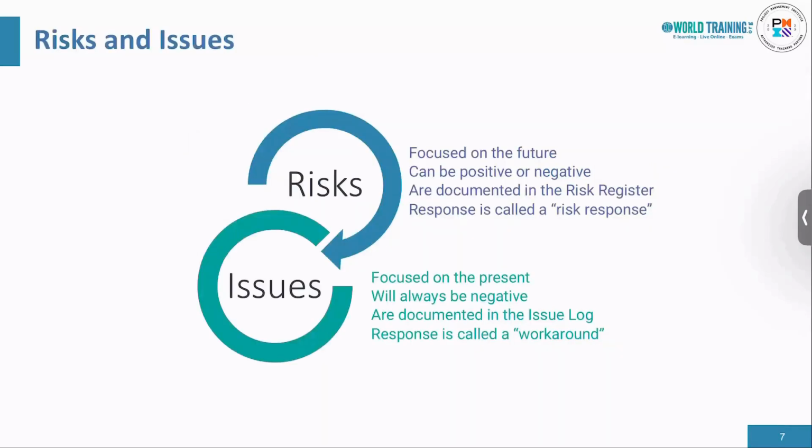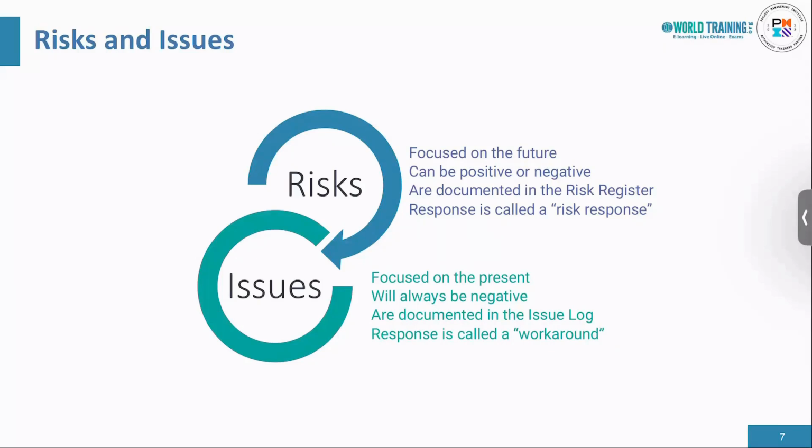It is pertinent to mention that there is a difference between risk and issues. Normally, these two terminologies are used interchangeably. However, both are different from each other. So risk is a future event, issue is a present or past event.